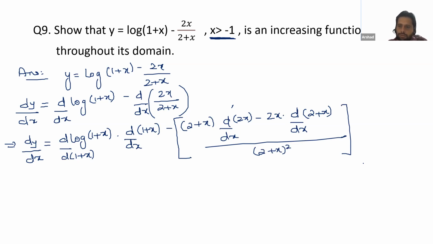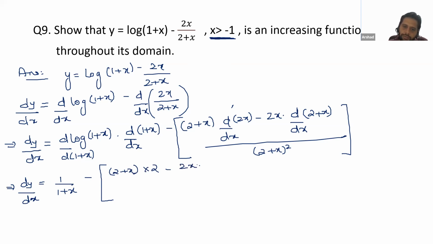Okay, who has sent me the answer? Noma, 4 by (1 plus x)(2 plus x) whole square. Let me solve this. Here we will get dy by dx equal to what? The derivative of log is 1 by (1 plus x), minus (2 plus x) into 2 minus 2x into 1 by (2 plus x) whole square.